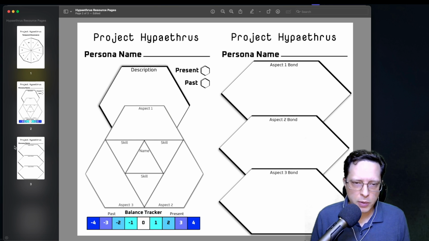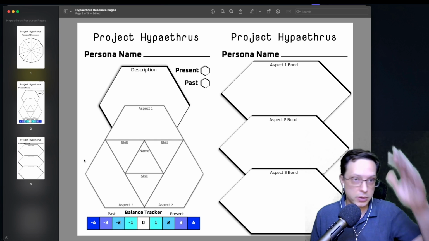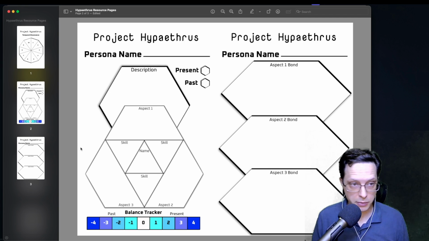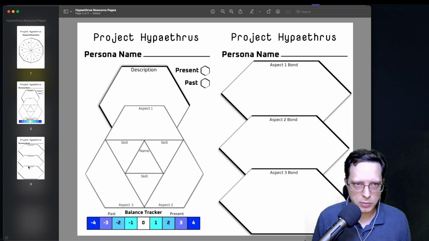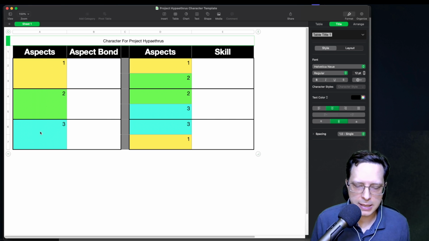So one thing we're going to do real quick here is kind of like a session 0, in that we are going to be creating our initial persona, at least the aspects and skills for this individual. So here we have the 3 aspects, so we're going to be typing that in there, and then each of these aspects has to have a bond. Then we need to pair the aspects in order to create a skill.